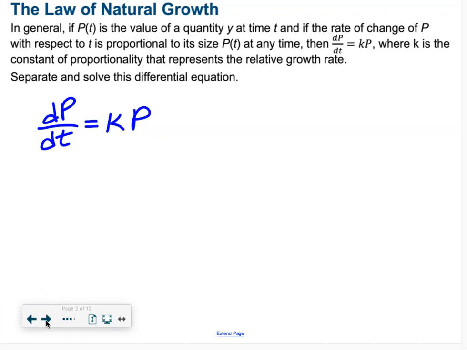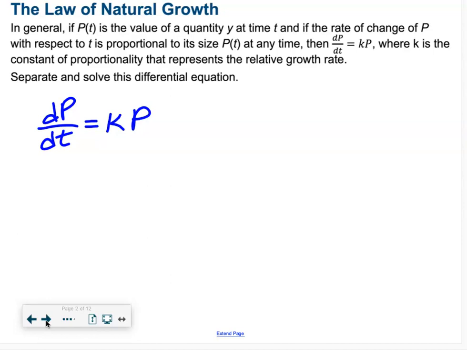This is because for traditional unlimited population growth, the rate of change of the population is proportional to the size of the population. So if you have a bigger population, you have a bigger rate that it's growing. If you have a smaller population, it's growing at a smaller rate.